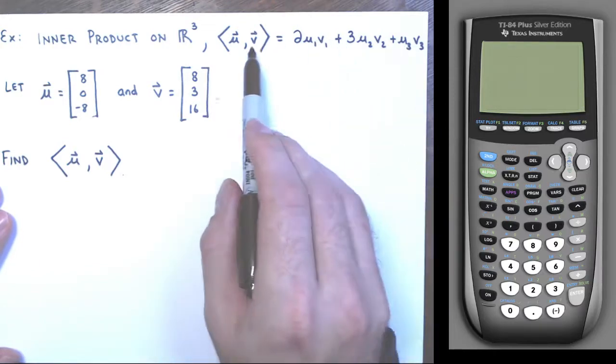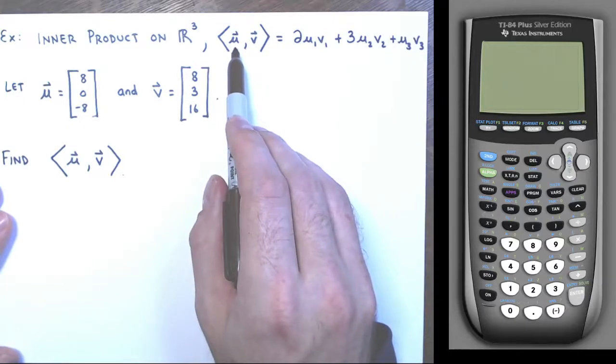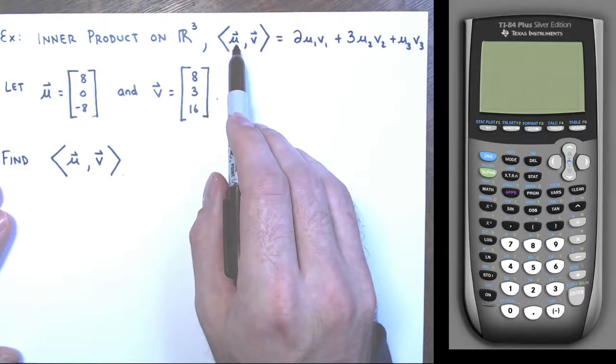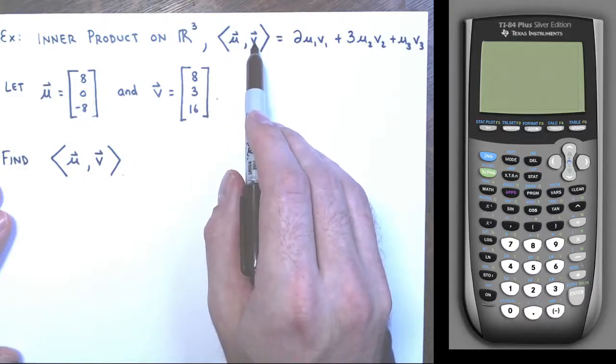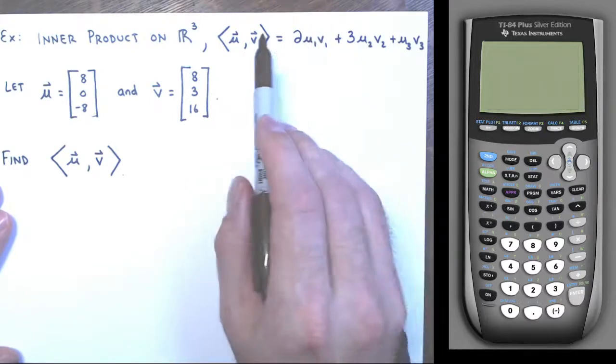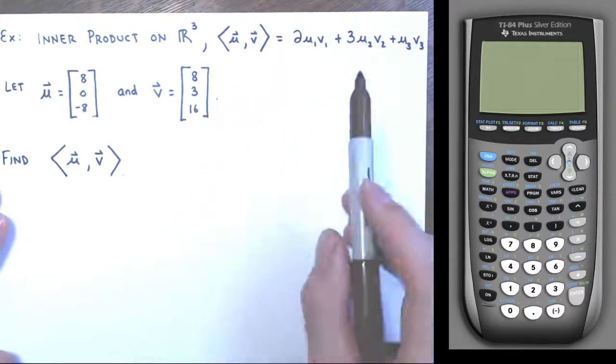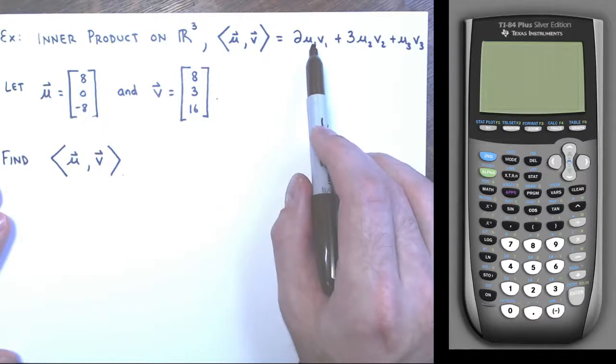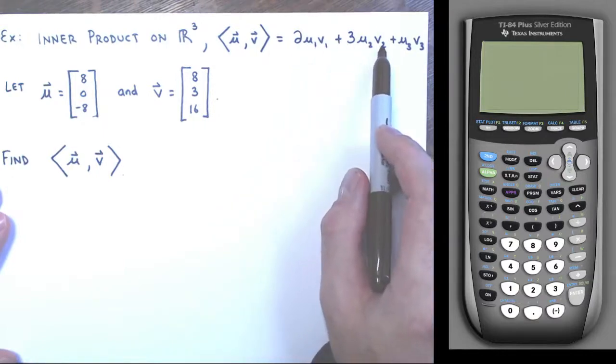So u and v are vectors from R3, so let's say u1, u2, u3 and v1, v2, v3. u1 is the first component of u, u2 is the second component of u, and so on. So the output here is 2 times u1 v1, plus 3 times u2 v2, plus 1 times u3 v3.